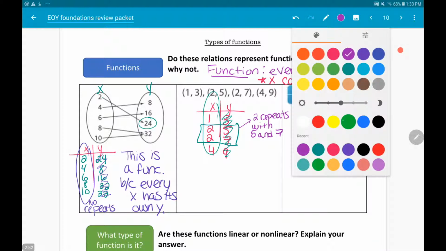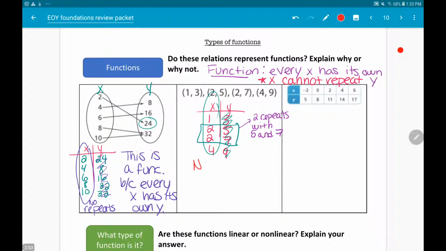Alright, so that means this is not a function because x of 2 repeats with 5 and 7. I need to be specific and give those examples there.